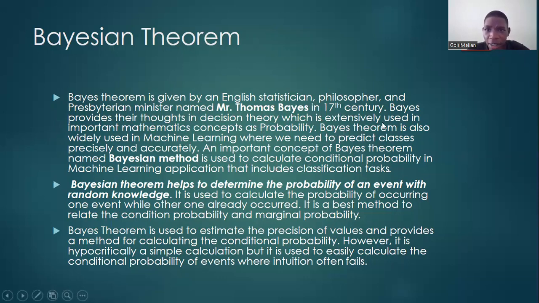He wrote his thoughts in decision theory, which is extensively used in important mathematics concepts such as probability. In case you've ever attended probability classes, you know what Bayes is.